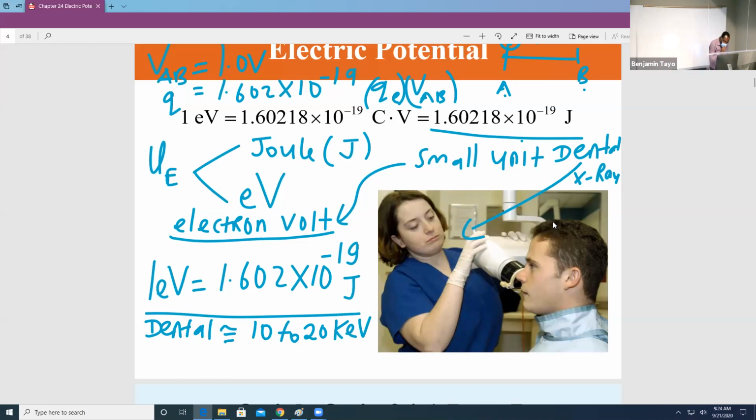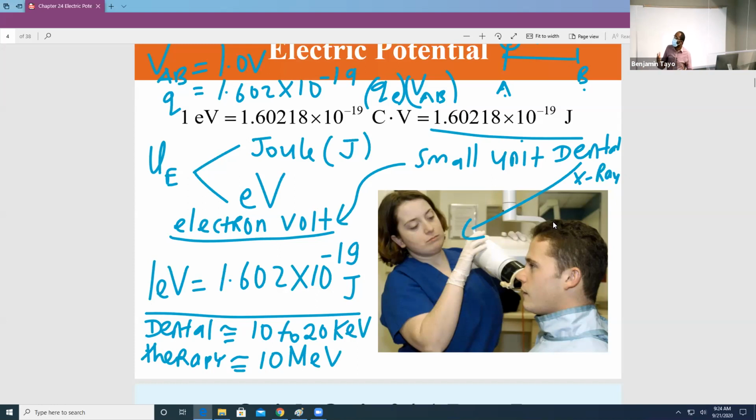If you compare that with X-rays used for therapy, for example for the treatment of cancer, this is about 10 mega electron volts. So you can see that the X-rays you use for treatment of cancer are very high energy. It's about 1,000 times more energetic. That's why when you do a dental X-ray, you don't worry a lot about the dangers, right?